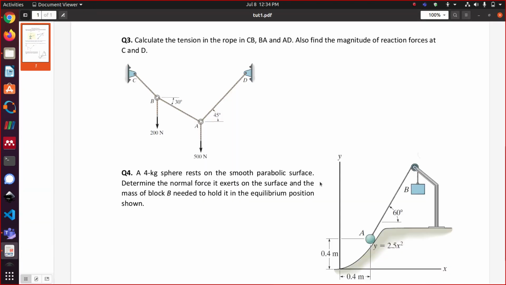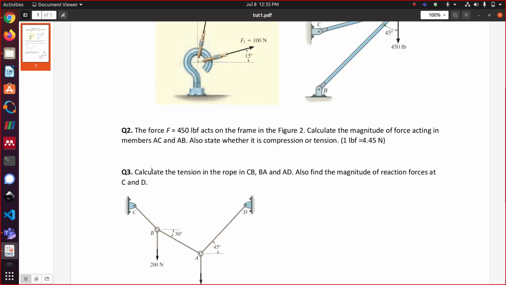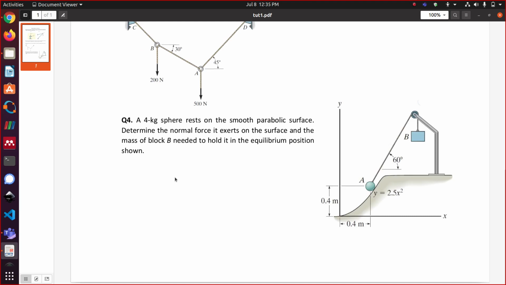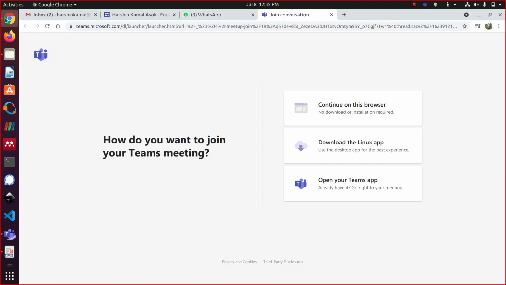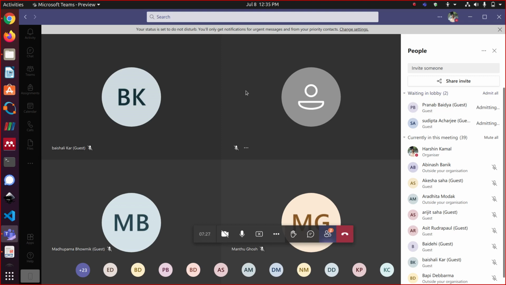So in the last class I told you that you have to solve a few problems I'm going to give you, and we did discuss how to solve these two problems. We'll go ahead and talk about these two problems today, so that you can actually start doing your assignment.